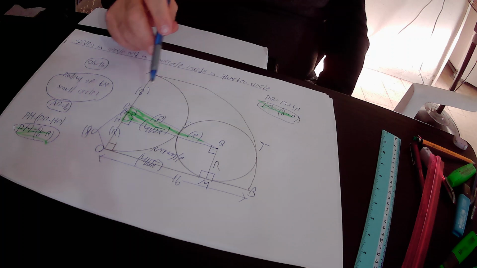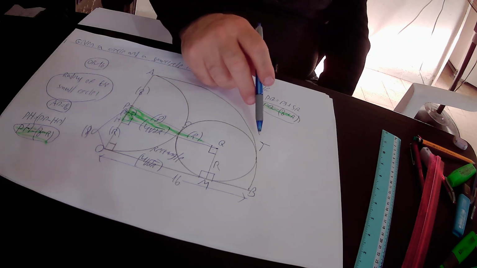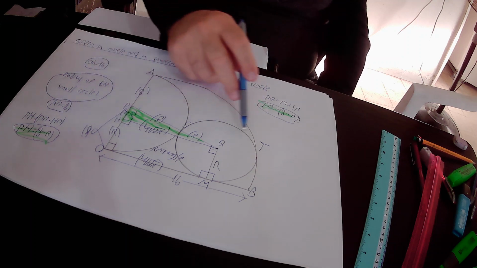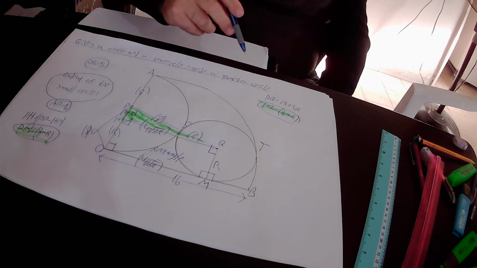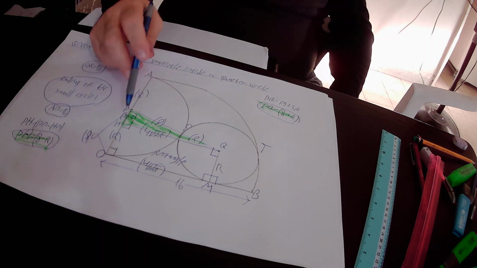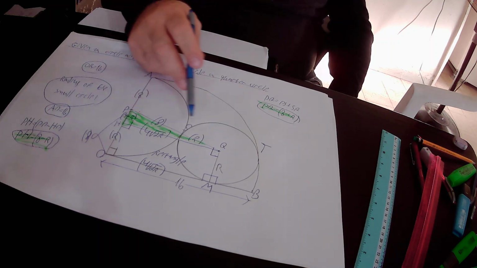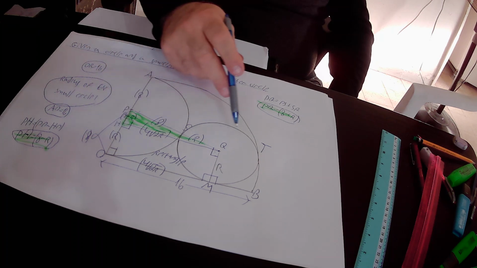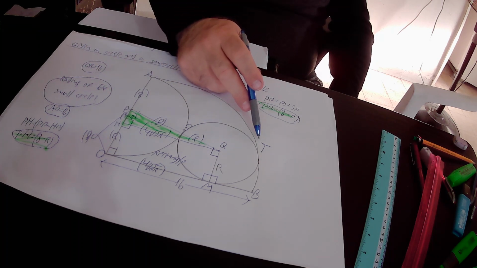And according to rule 9, the straight line OQ must pass through point T, that is the touching point, or OQT is one straight line. So we connect points O and Q together by a straight line, and we know that OQ must pass through point T.